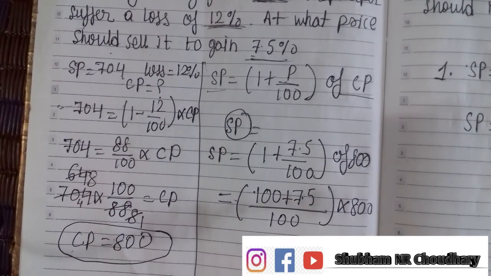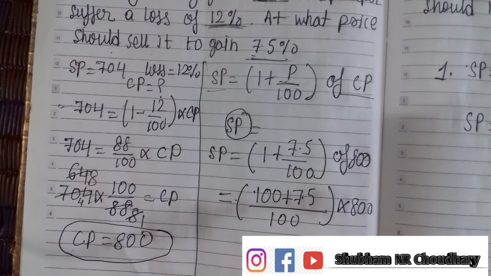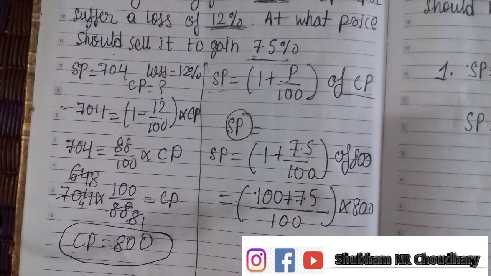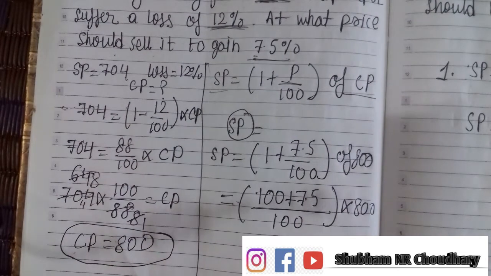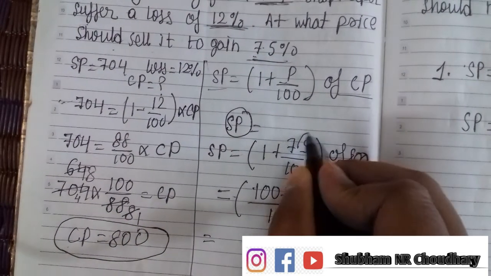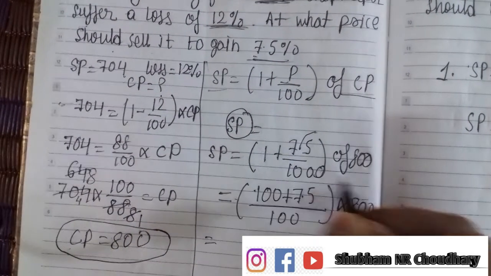That decimal point might create a problem, so we can do it this way: 75 by 1000.